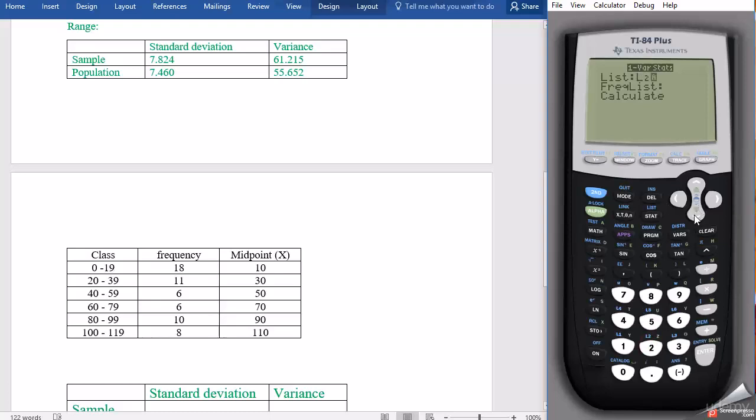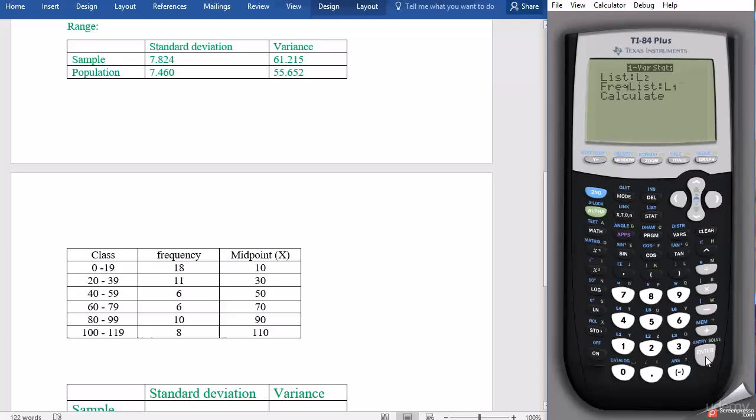But our frequencies are in L1, so we put second 1, which gives us L1. You have to be very careful when you're doing stuff like this. You have to know where you put your x values, which are the midpoints, and where you put your frequencies. And you need to tell the calculator where they are, otherwise you're going to get a wrong result.